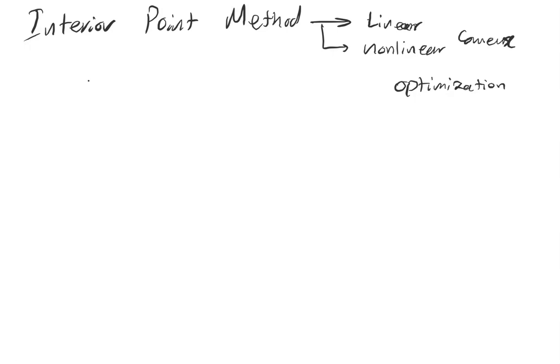So the goal here is to transform your nonlinear inequality constraints into equality constraints. But how can we do that? Using interior point method. So here is the general idea. Let's say we have minimizing a nonlinear convex function f of x subject to inequality constraint h of x less than or equal to 0.